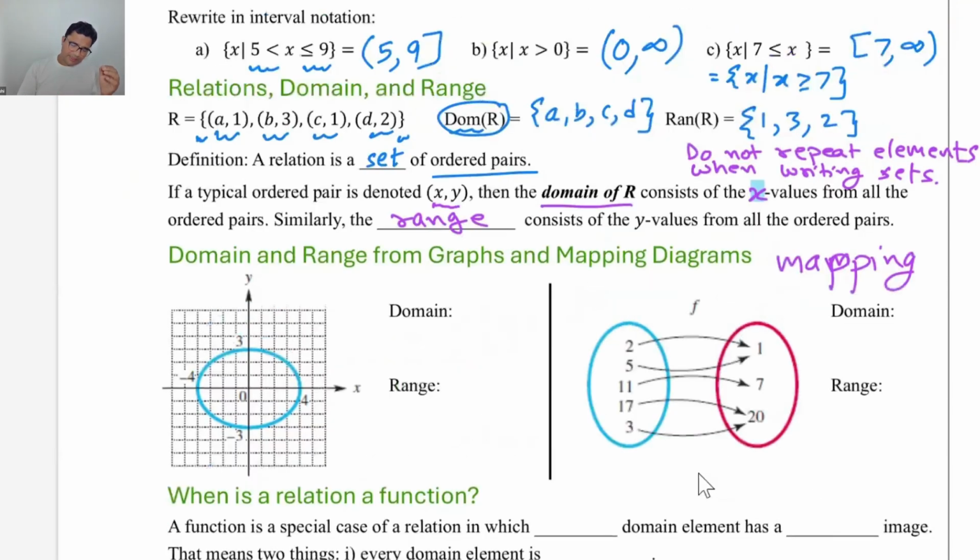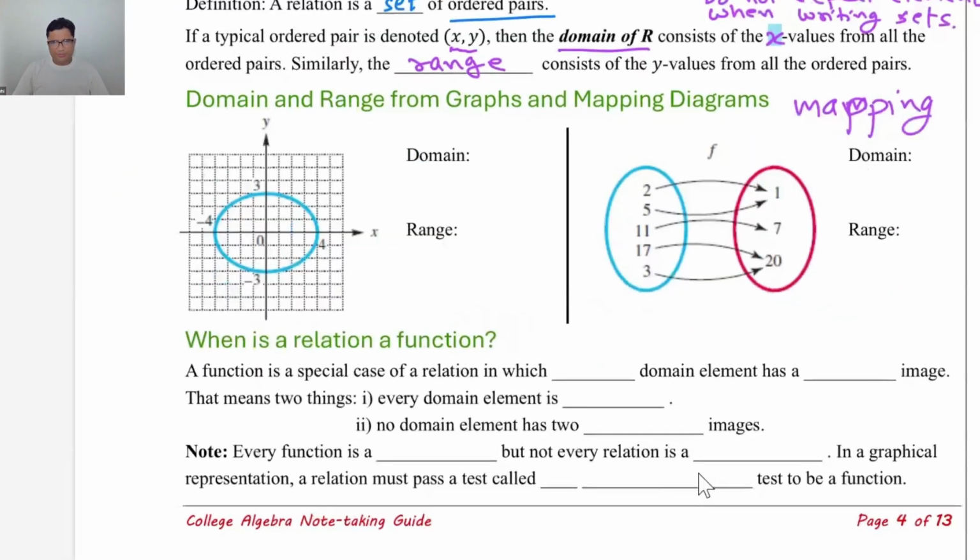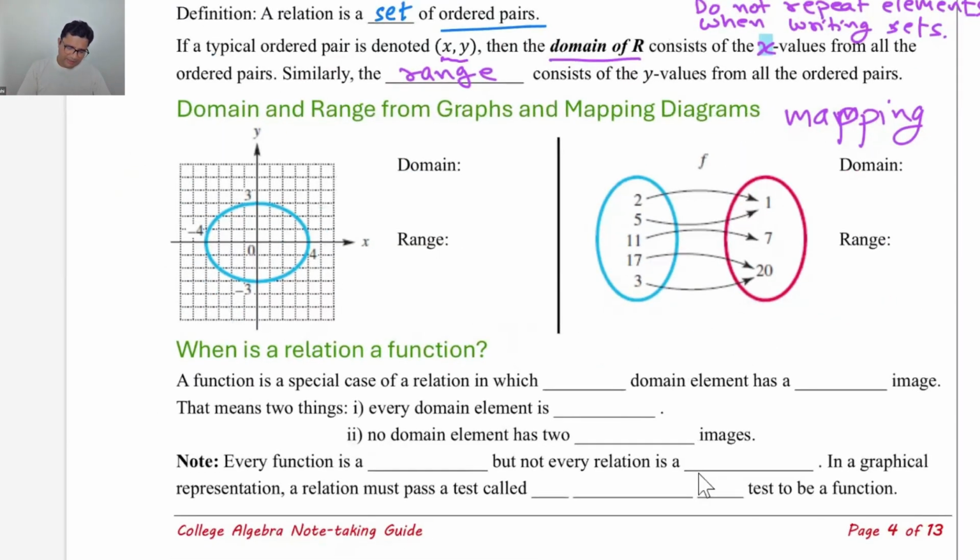Now, the first example that we saw about a relation is one way of writing it, as ordered pairs in the listing notation, where we list all of them. There are other ways to represent it. You could represent it graphically. On the left side, you see a relation in a graph. How is it a relation?